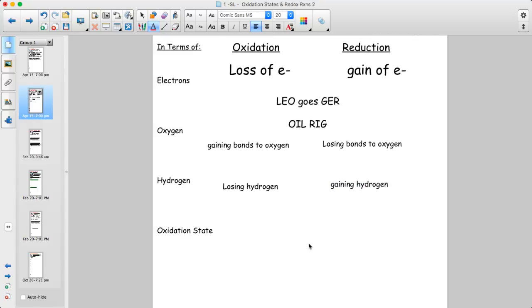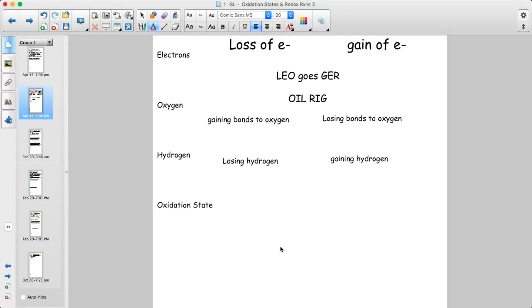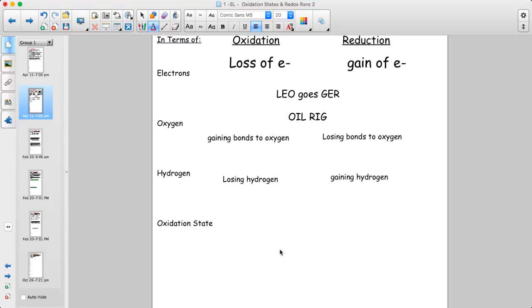Again, a little weird, and it doesn't have anything to do with the terms oxidation or reduction in particular. But when we get to this last one, oxidation state, you're going to see why losing hydrogen is oxidation and gaining hydrogen is reduction. And you'll see why gaining oxygen is oxidation and losing bonds to oxygen is reduction.